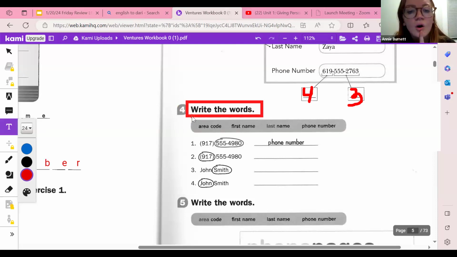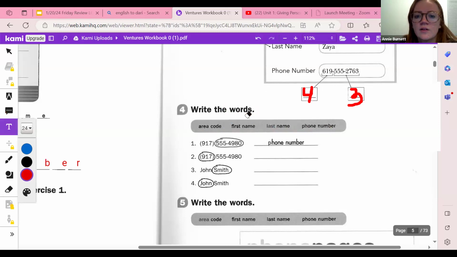Write the words. Words. Remember, words, these are words. 1, 2, 3, 4, 5, 6, 7, 8. 8 words.